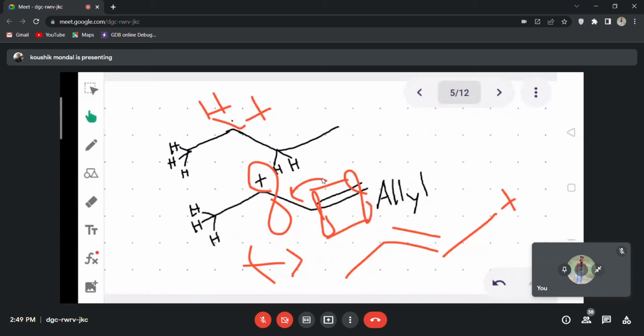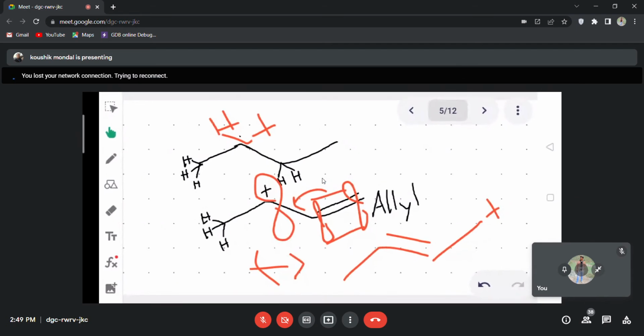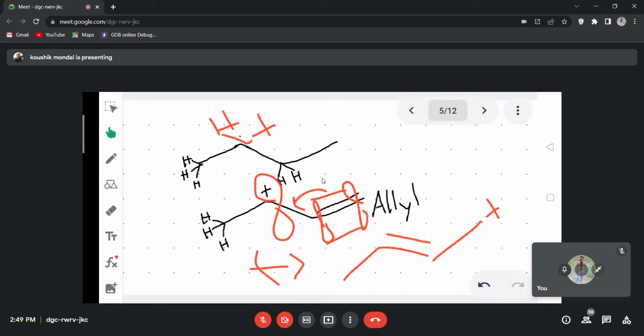So these two forms are resonance forms, for the vacant p orbitals, this double bond is involved.